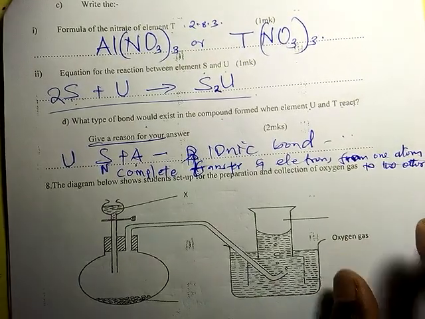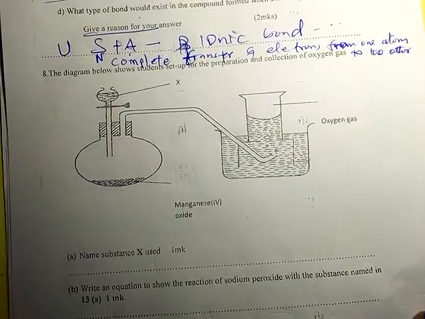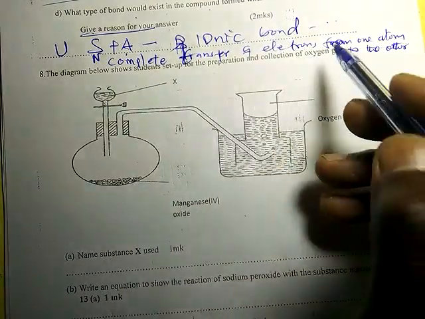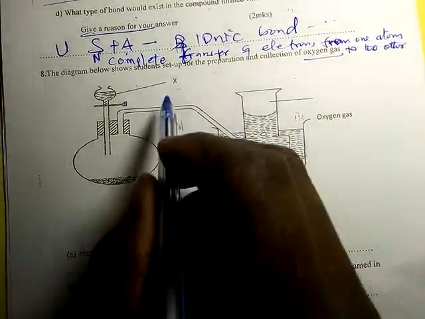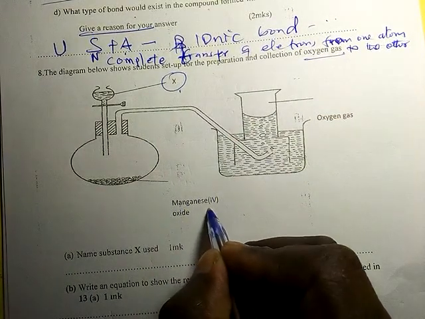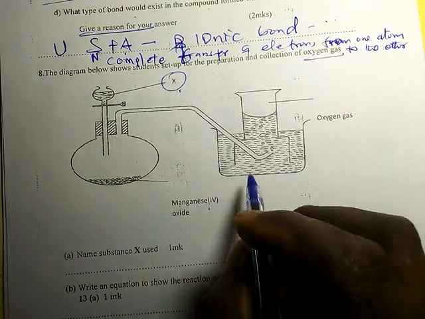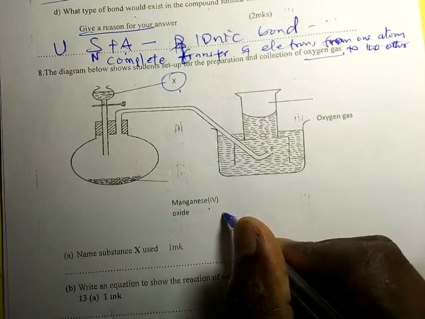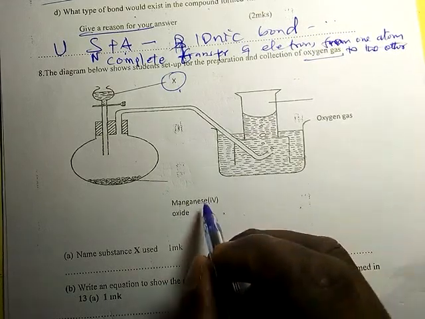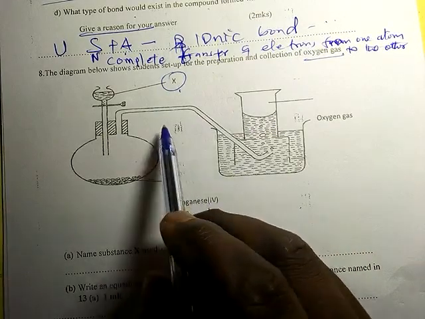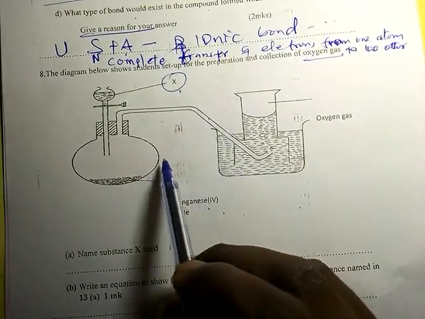There is complete transfer. Let us look at this set up for the preparation of oxygen. So this one is X and this one is manganese(IV) oxide. We have 2 methods of preparing oxygen in the laboratory. We use sodium peroxide with water, and hydrogen peroxide.